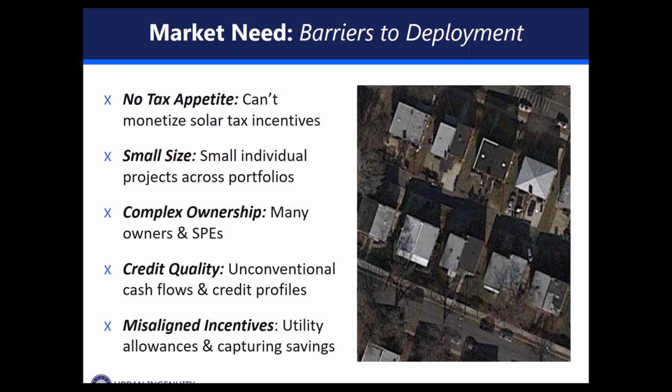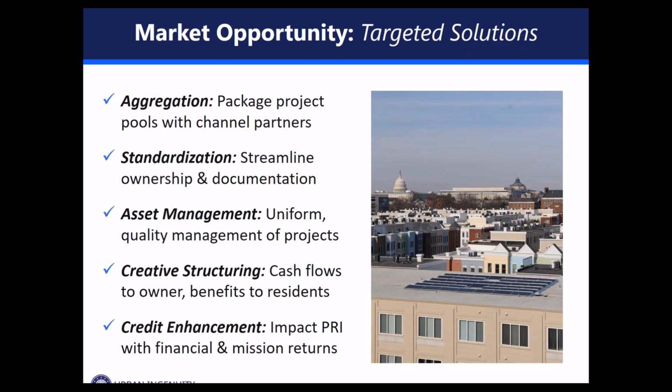So there's a number of structural reasons why uptake hasn't been faster than it potentially could be in the affordable space. But we see at Urban Ingenuity a lot of really strong opportunities to come in and refocus along the lines of what Clean Energy States Alliance and Wayne and others are looking at.